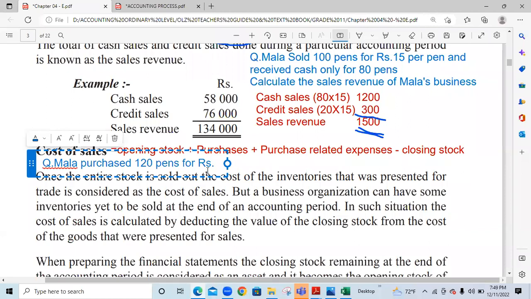Let's say for rupees 12 from a supplier and sold only 100 pens.